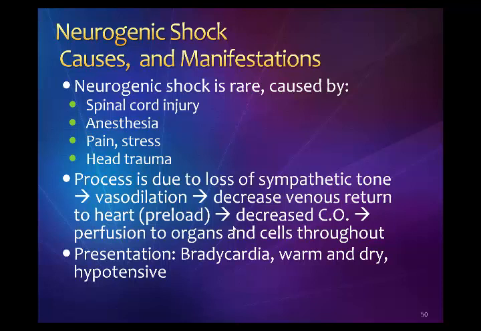So basically, the big difference with this one that you want to keep in mind is it doesn't present like the others, and this is the only one you won't have tachycardia with. So you have bradycardia in this one, warm and dry, and hypotensive.